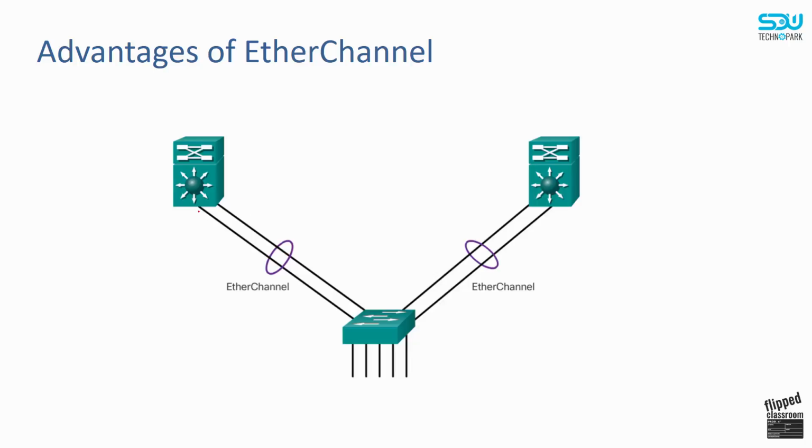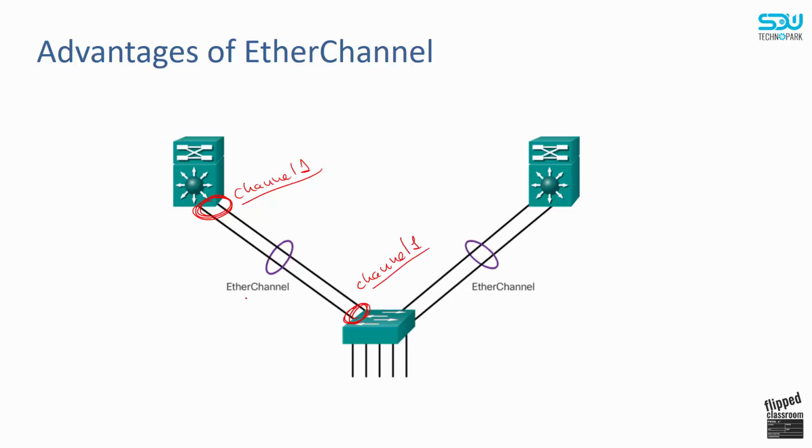For switches, logically it will be one single link here and one single link here, so STP will not be required to block one of these two ports, because logically it will be a single link, or it will be just a channel 1, for example, and here will also be channel 1.